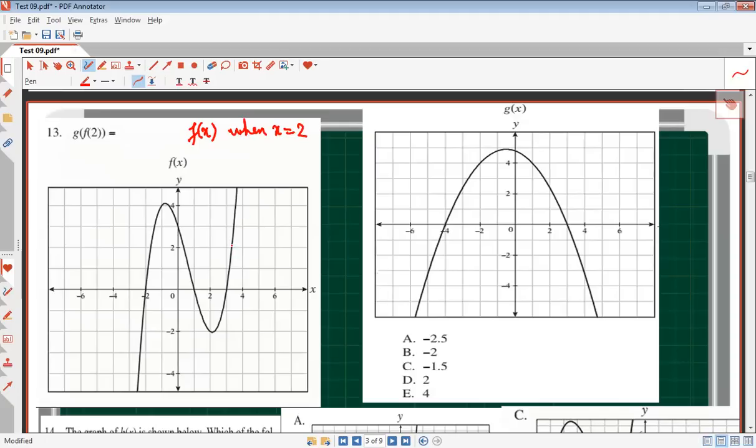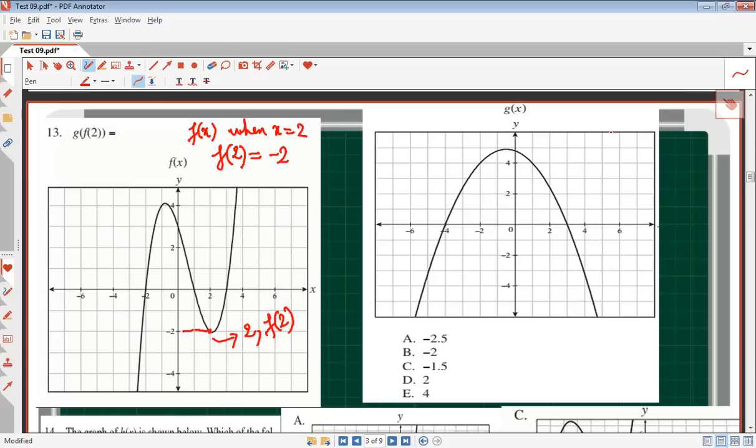We can easily see that there is a point here, and the value of function f(x) at 2. Hence, we have the value of f at x equal to minus 2.